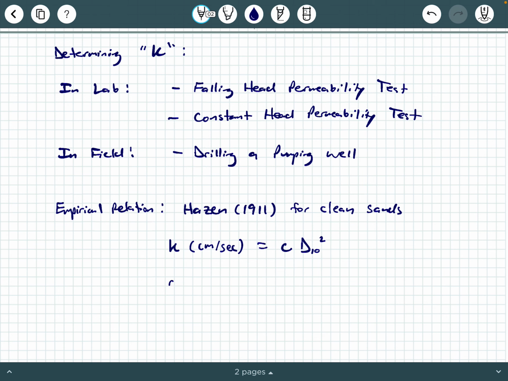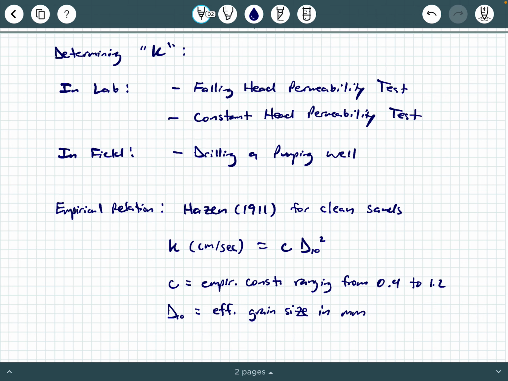So little c is an empirical constant ranging from about 0.4 to 1.2, and then D10 is your effective grain size in millimeters.